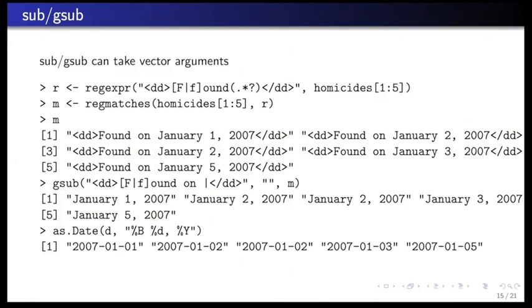The last little bit here, I'm not going to go into too much detail for the moment, but these dates here are character strings, and so they're not dates. They're just sequences of characters. You can convert them to the Date class in R using as.Date. What as.Date does is it takes a character vector, reads the character string, and converts it into an internal date format, which is a numerical value.